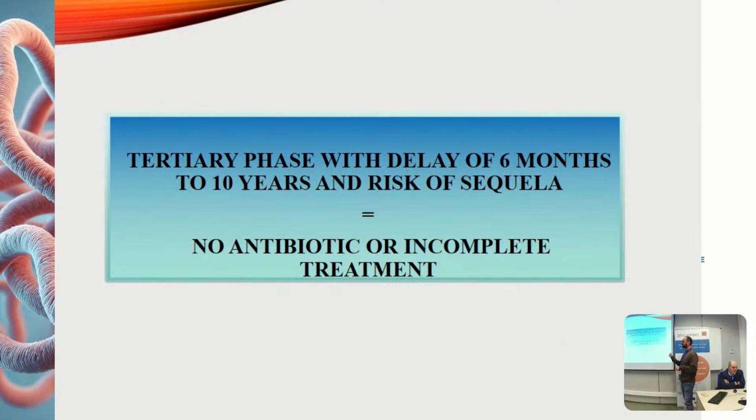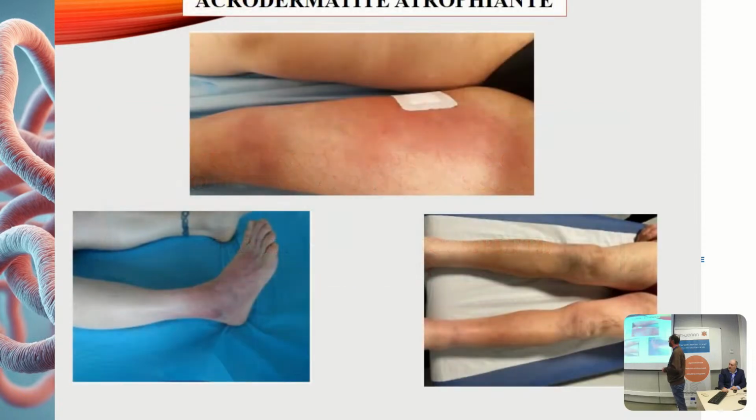And again, if there are no antibiotics at this stage, after about 6 months or more years we can pass to the late disseminated stage. At this stage, the tertiary stage, we can get a typically pathognomonic lesion whose name is acrodermatitis chronica atrophicans. And you can see it is erythema.